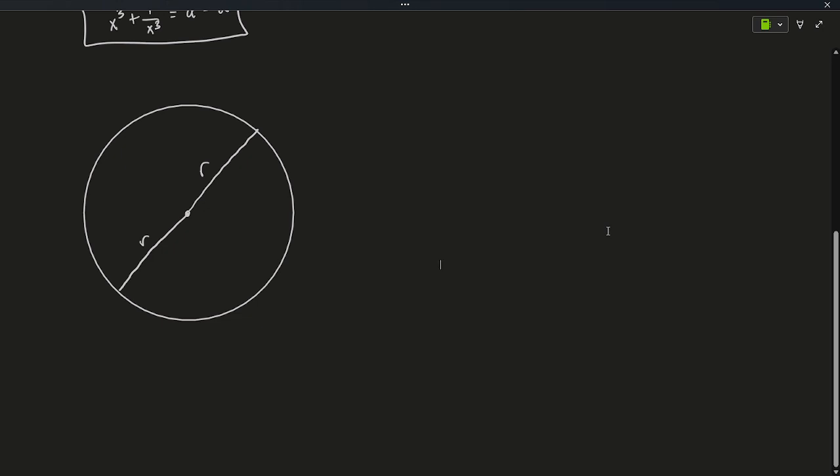And then finally we have a chord. A chord just connects any 2 points on the circle. So a chord is, in other words, a broader set that contains the diameter. The diameter is a very specific type of chord, which has special properties.